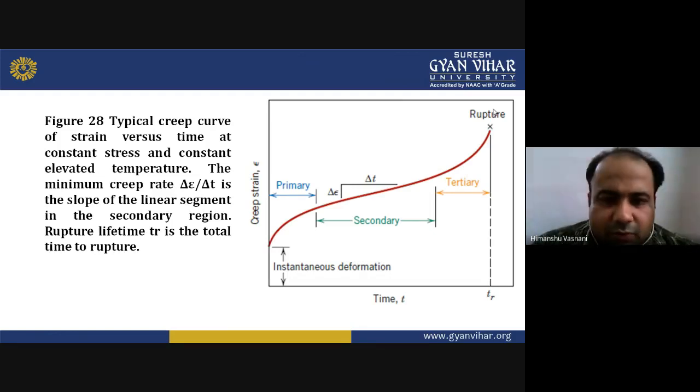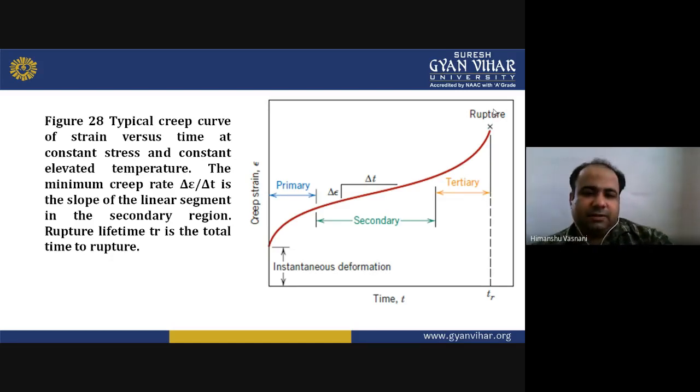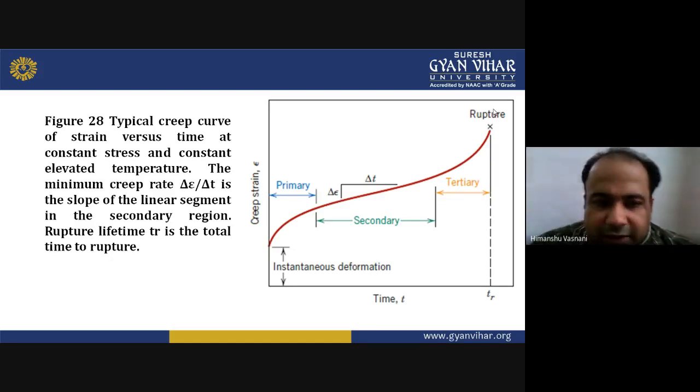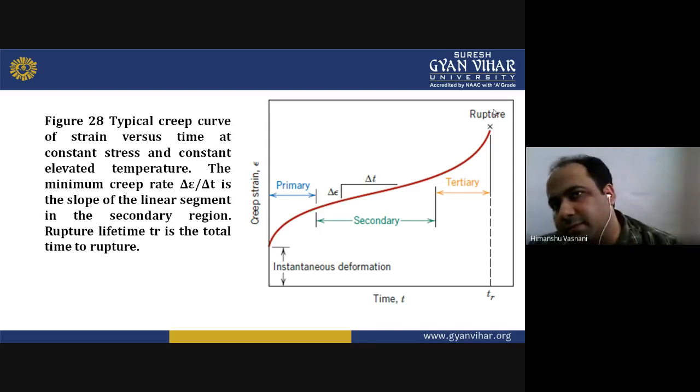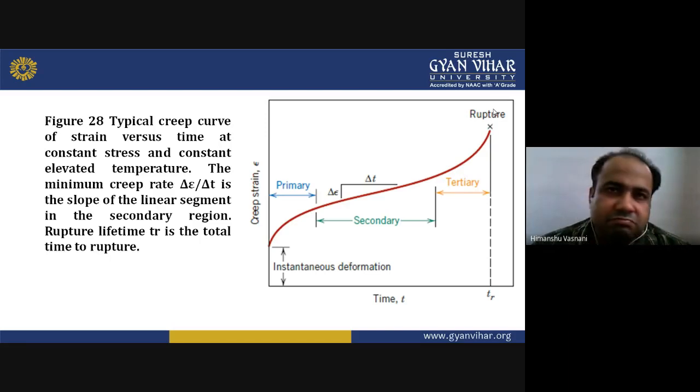Of these three stages, the secondary stage is the longest one, and the tertiary stage is the final stage, in which the rupture obviously takes place. Here, the rupture lifetime TR is the total time to rupture, which is very important. It may be in minutes, or in days, or in years.